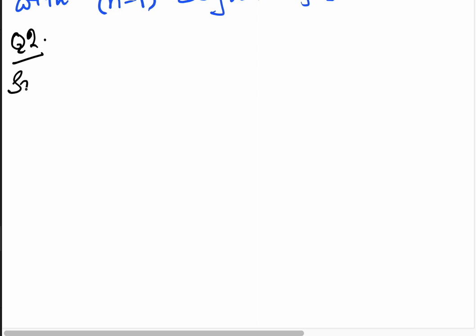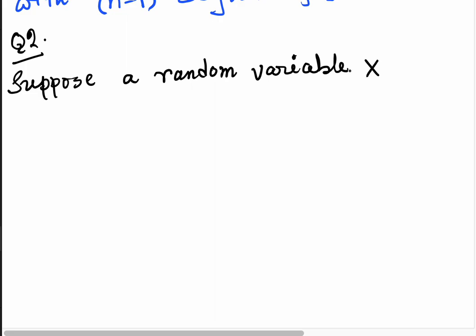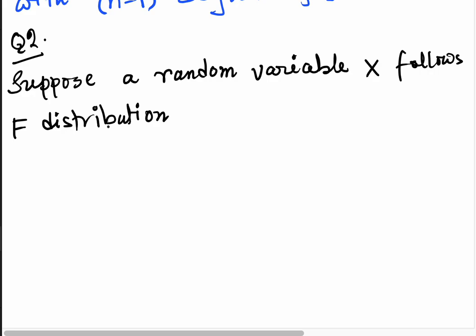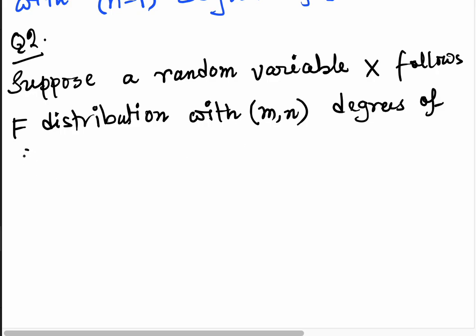Suppose a random variable x follows an F distribution with m, n degrees of freedom.